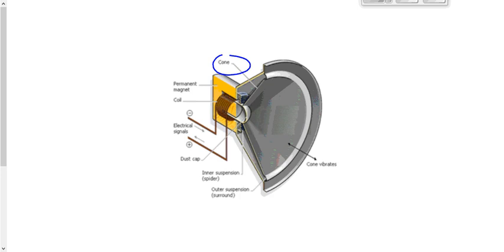So as you push this cone back and forth real quickly, depending upon the electrical signal that depended upon the bits that came from your iPhone, that depended upon the original music that was produced, then it regenerates the original sound via high pressure areas and low pressure areas in the air, and then ultimately high pressure areas and low pressure areas in your eardrum, causing your eardrum to go back and forth. That's why you hear the sound. That's why the speaker generates this sound. Does that make sense?